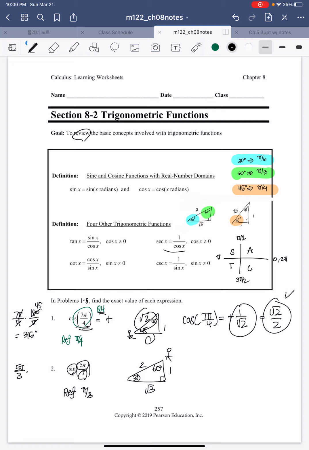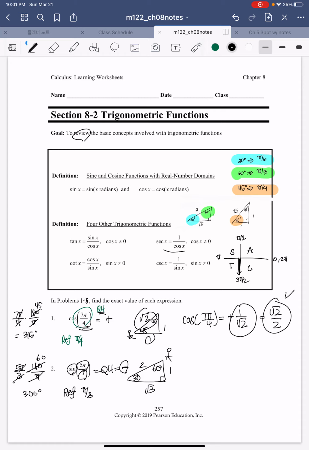Just convert it to degrees and see where it lands. 3 goes into 180, 60 times. 5 times 60 is 300 degrees. You know that 270 is right over here, so 300 is in quadrant 4. Now in quadrant 4, only cosine is positive, so I'm going to have a negative answer.